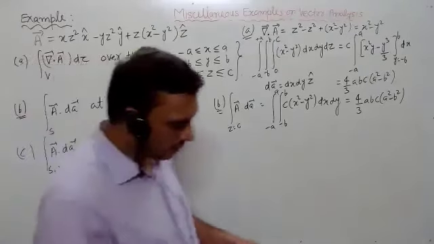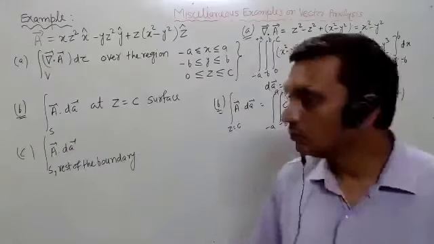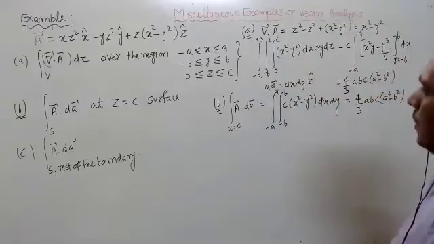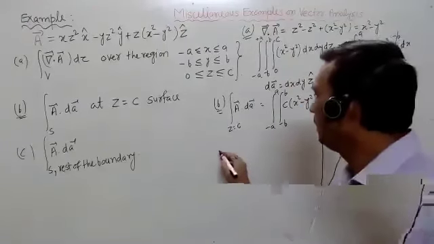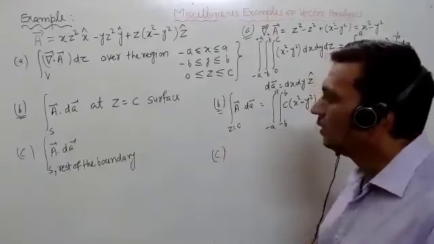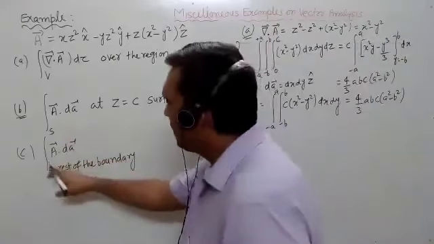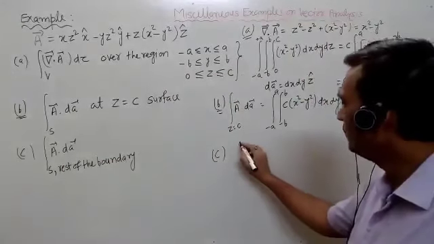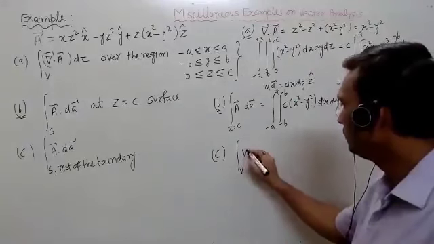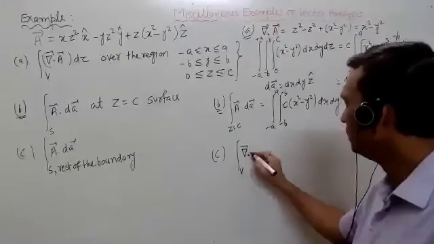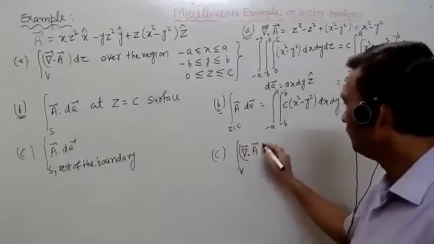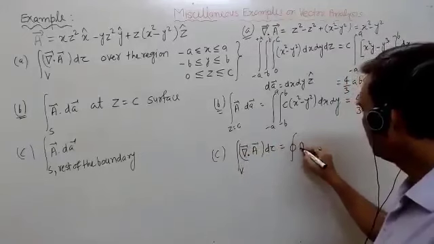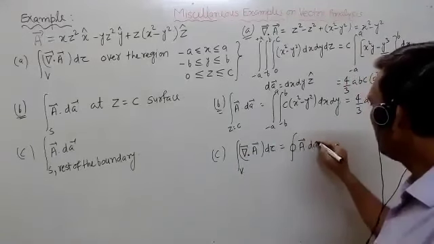And then the last part. In C part, you have to find A dot dA through the rest of the boundary. So you can use the divergence theorem. We know that the integral of divergence of A d tau is the closed integral of A dot dA.